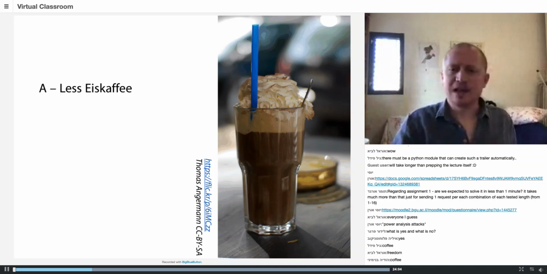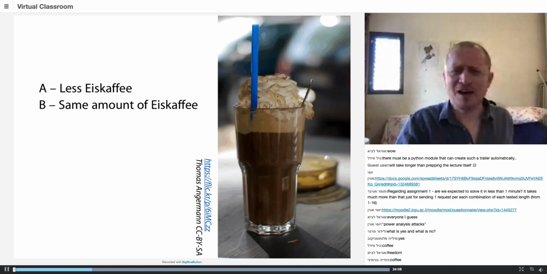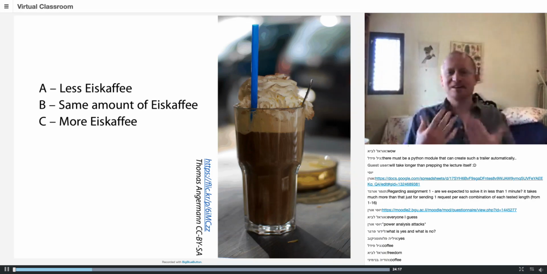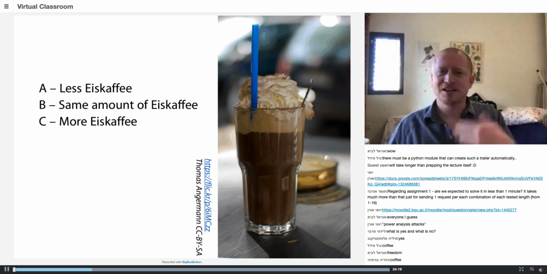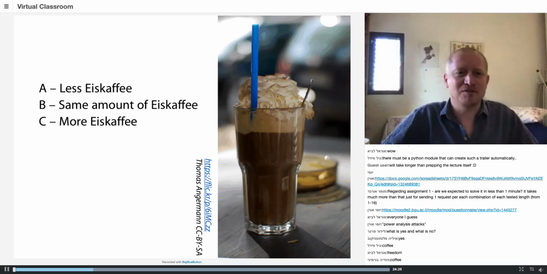Now, I'm going to give the same power, the same schluck power that I had previously. So what is going to happen to the amount of ice cafe that I'm getting using these two straws? Will I be getting less ice cafe, the same amount of ice cafe, or more ice cafe? If I have two straws now in the cup of ice cafe.